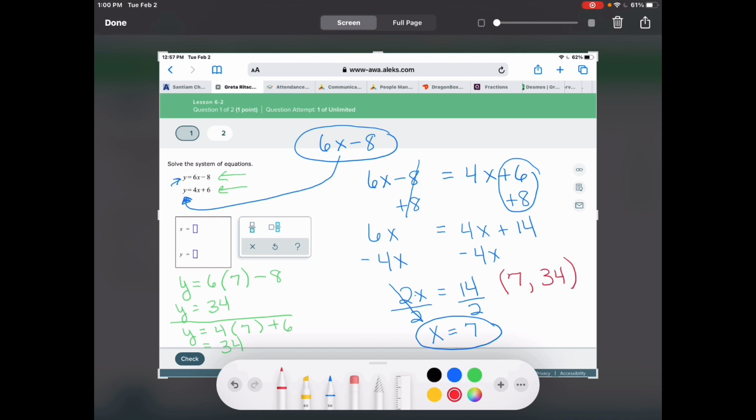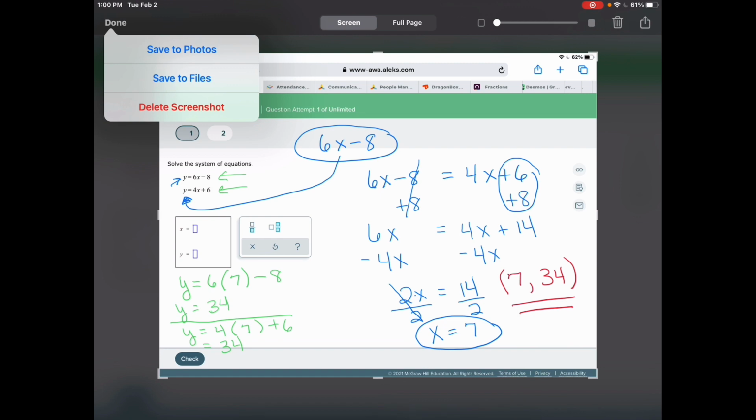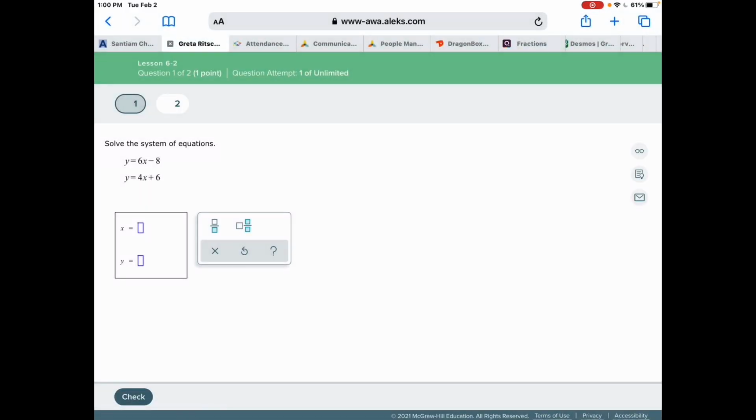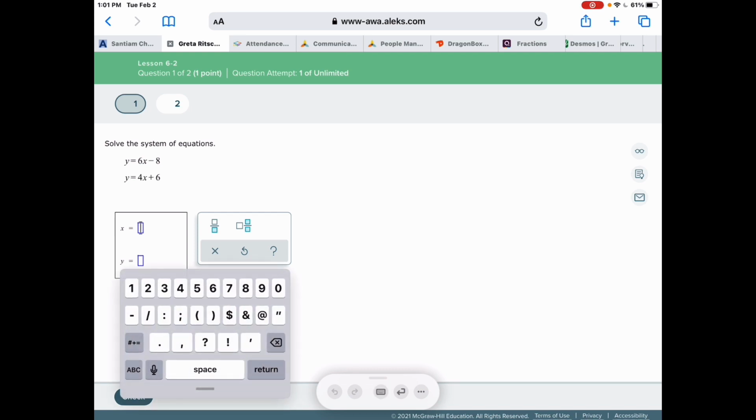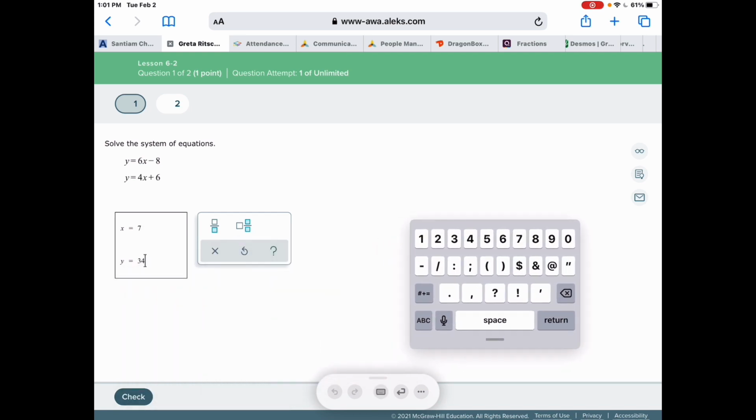So if I were to graph these two lines, I would see them cross at this point. So let's go plug that in and make sure we did okay. x is 7 and y is 34. Check.